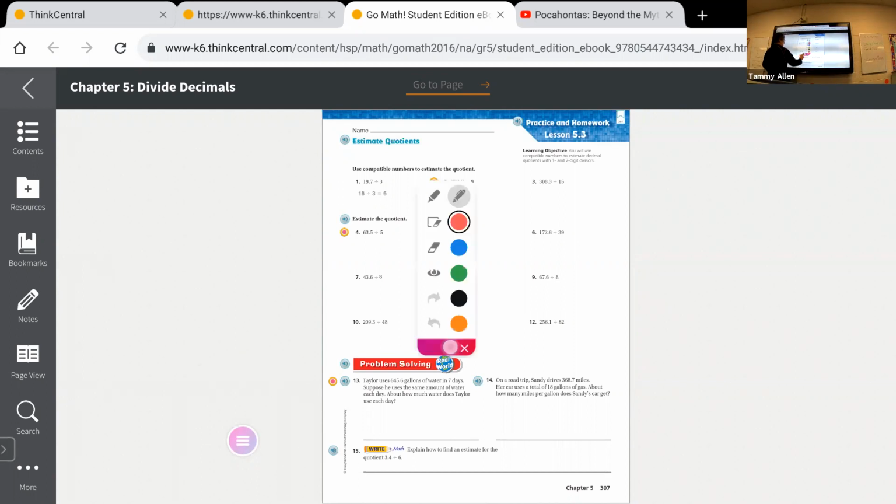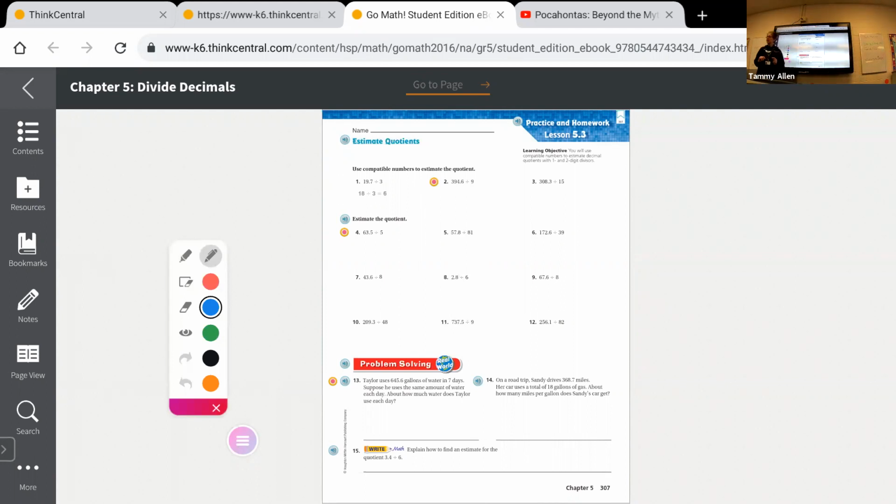Compatible numbers. You have to know your products, your factors. You have to be well versed in your basic facts. So as we take a look at number, we did the evens, is that correct? Yes. Okay. As we take a look at number 2, I would think that maybe 360 divided by 9 equals 40 would be an option. Yes? Or 400 divided by 10 equals 40 would be an option.